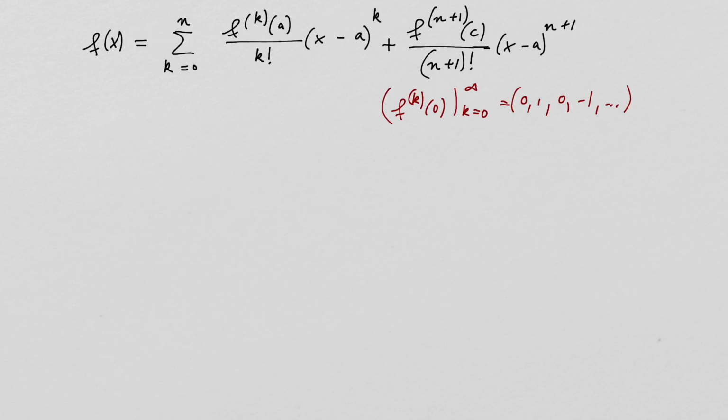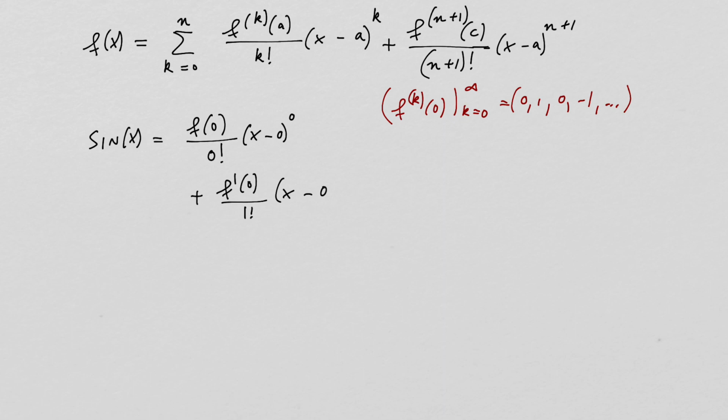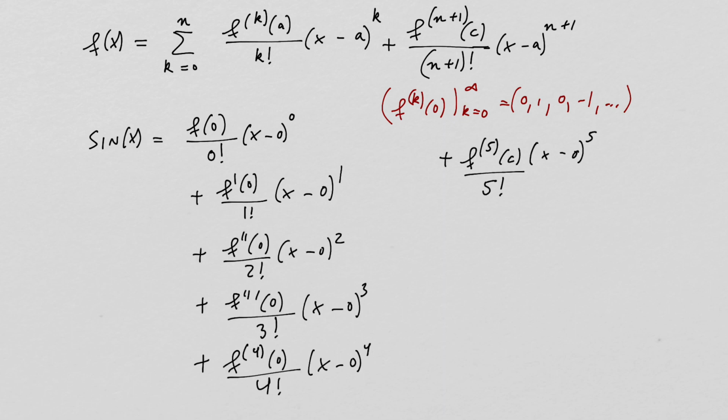So how will be our approximation? Sine of x is, we take the value of the function at 0, divide by the factorial of 0, and we'll have this term to power 0. Then we will take the value of the derivative at 0, divide by the factorial of 1, like this. Here, this value seems to be equal to 0.